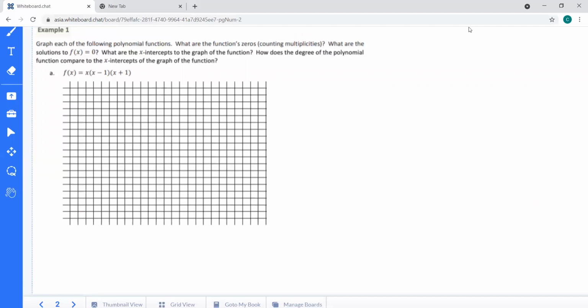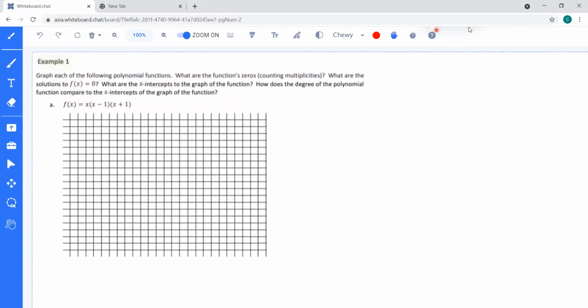All right, this says to graph each of the polynomial functions for the function 0 counting multiplicities. What are the solutions of f of x when it's equal to 0? Well, that's just like setting it equal to 0, right? So let's see here.